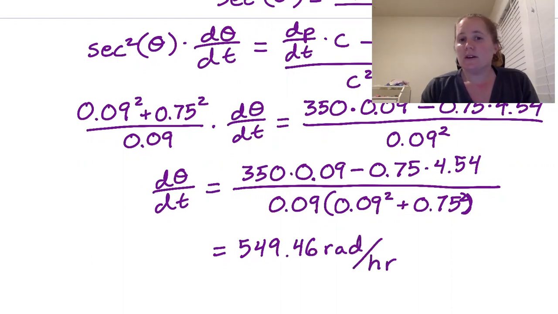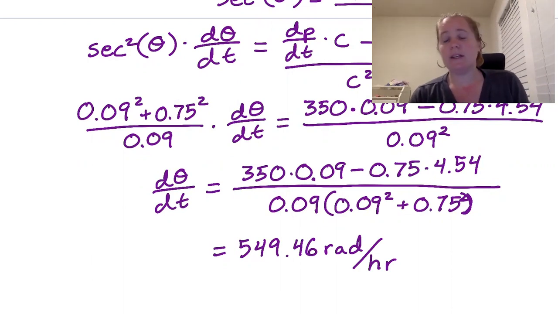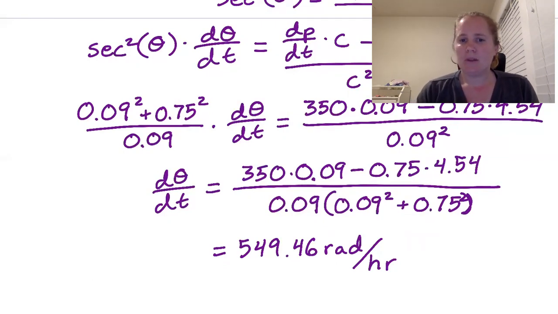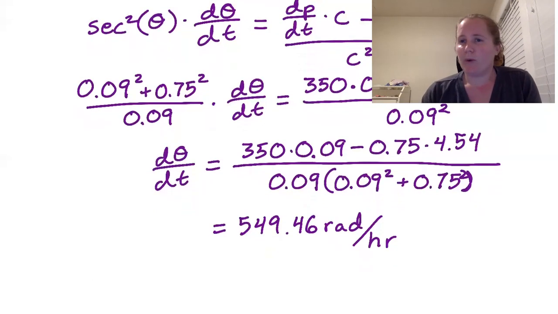Just note that any trig in calculus, all the derivatives in calculus and trig are based on radians for the angle measurement. So we will wind up with radians as our units when we're working with these. And if it asks for degrees, you would have to do unit conversion.